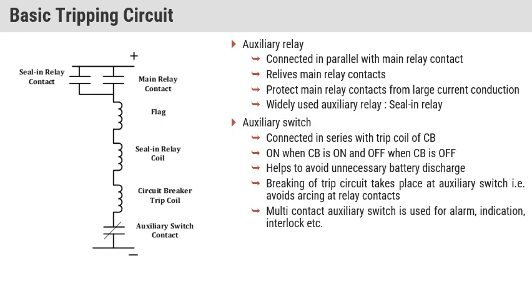The auxiliary switch is connected in series with the trip coil of the circuit breaker. This auxiliary switch is on when the circuit breaker is on and off when the circuit breaker is off. It helps avoid unnecessary battery discharge, and breaking of the trip circuit takes place at the auxiliary switch, which avoids arcing at the relay contacts. A multi-contact auxiliary switch is used for alarm, indication, interlock, etc.